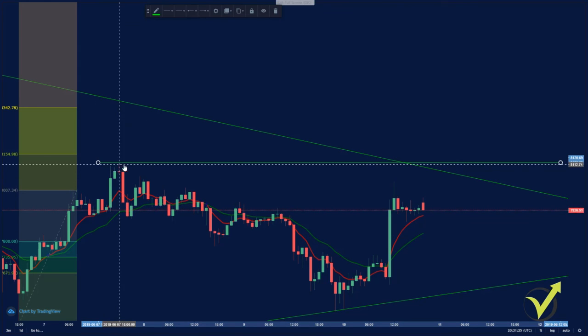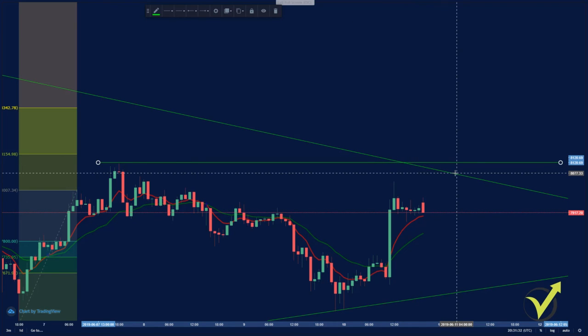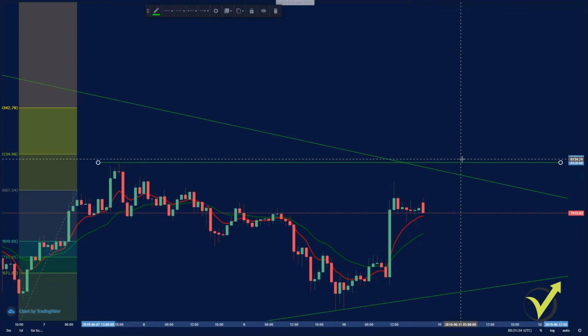So I want to see the price breaking it. Even if it breaks at 8,120, I will be glad to enter at 8,130 or even 40. Alright, because one more time, this level is important.